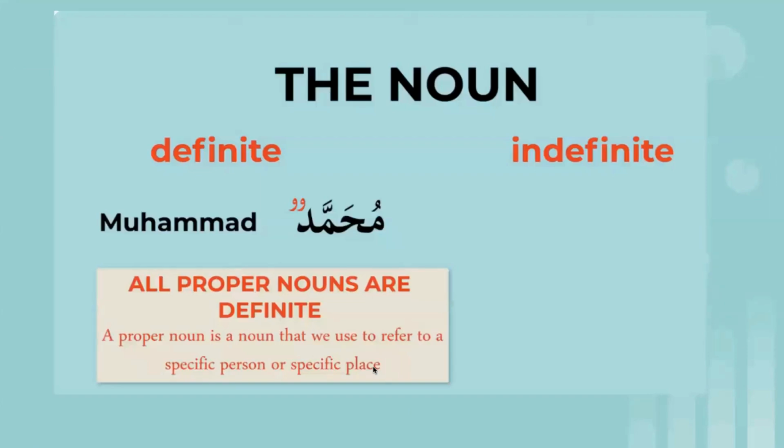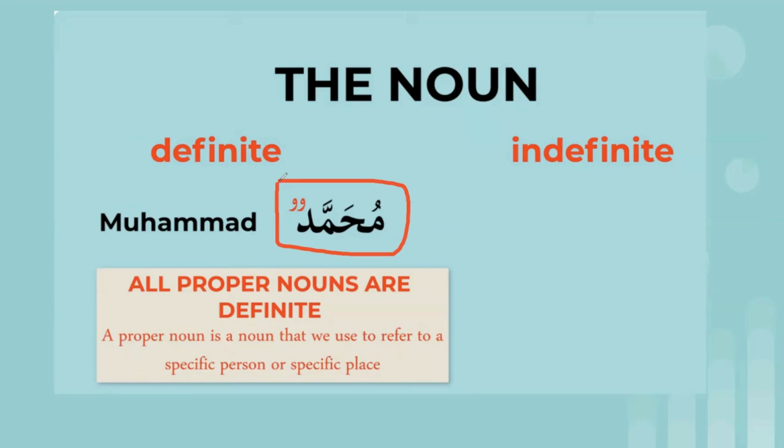Next, there is a special case. What's the special case? Muhammadun here. Is it definite or indefinite as per the rule? Indefinite. Very good. As per the rule, it should be indefinite, but it's definite. So this is the special case.